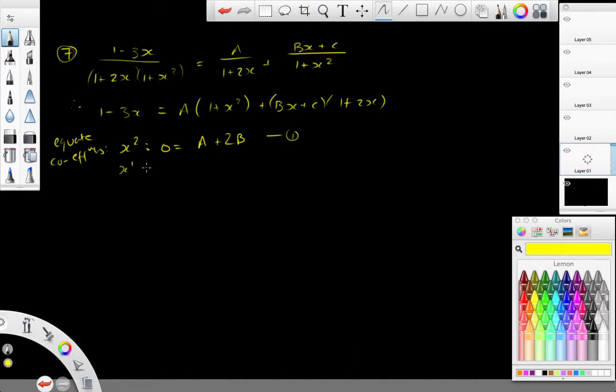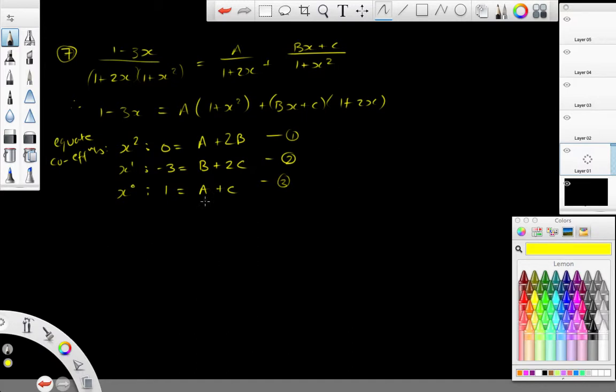If you equate x to the power 1, you get minus 3 is equal to B plus 2C. You don't get any x's from A, you've got the B and the 2C. We'll call that equation 2. And if you equate x to the power zero, you're going to get 1 equals A plus C. We'll call it equation 3.